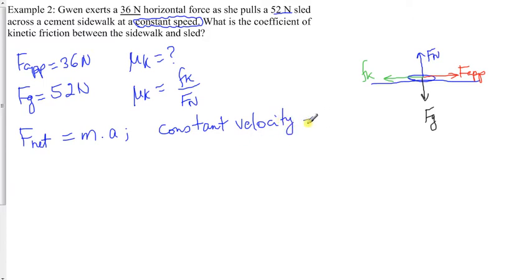Constant velocity means zero acceleration. There is no acceleration, so therefore F net equals m times 0, which is 0.